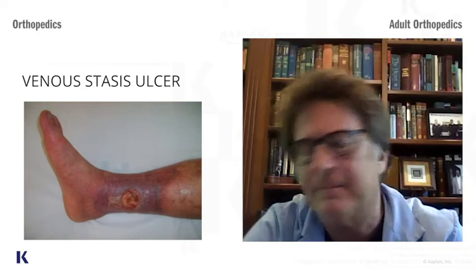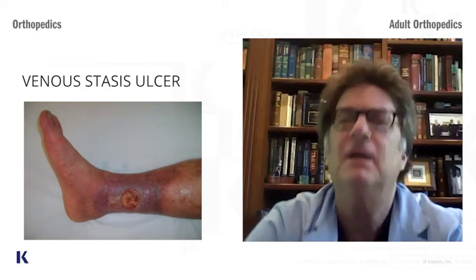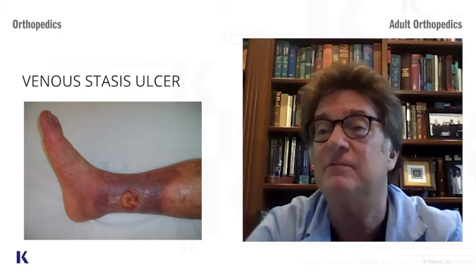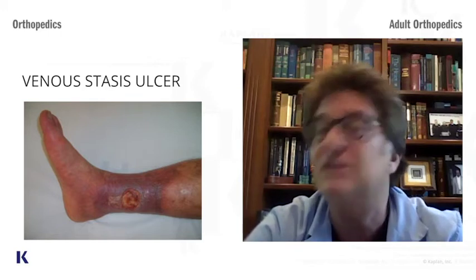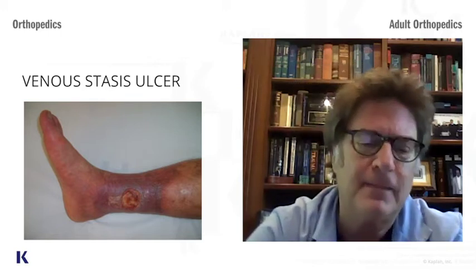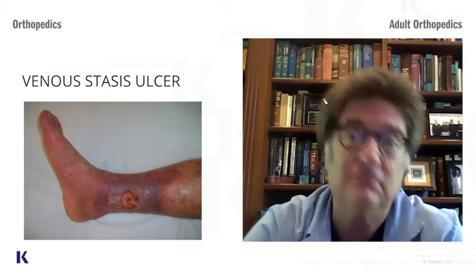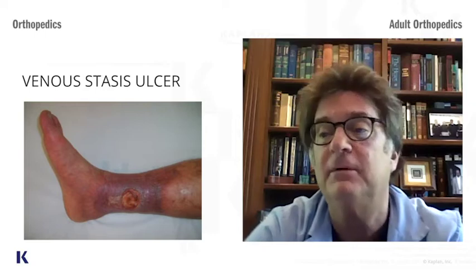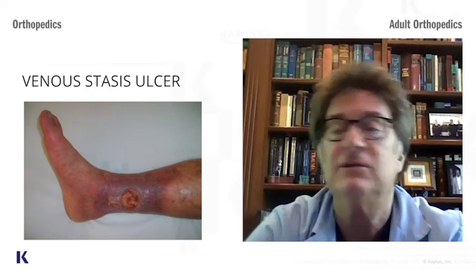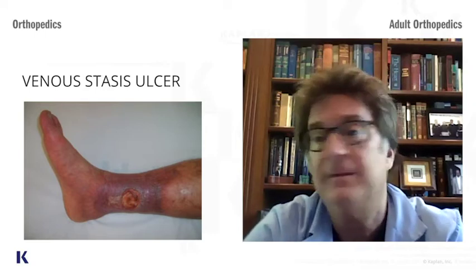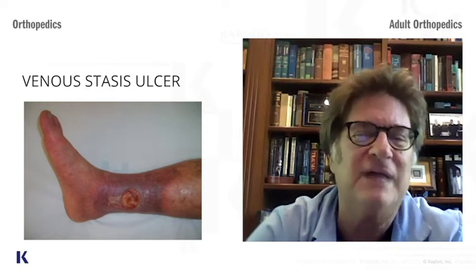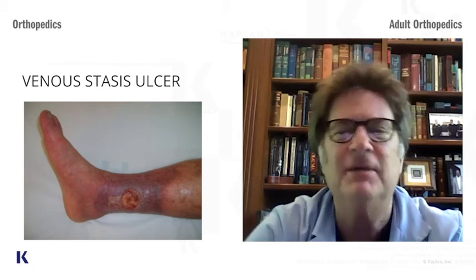Sometimes you'll meet patients who have bad varicose veins, venous insufficiency, in their 20s and 30s, whereas other people don't get them until they're 60, 70, 80, and some people don't get them at all. It's not Mendelian genetics, but it's familial.